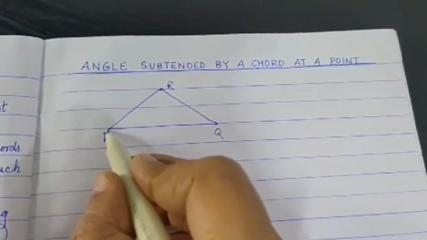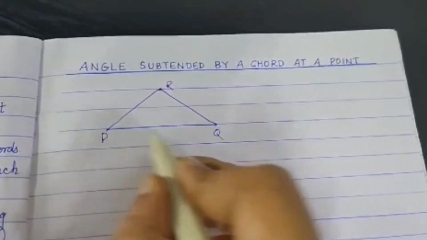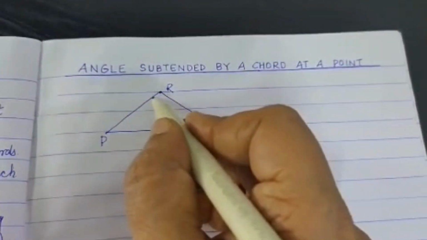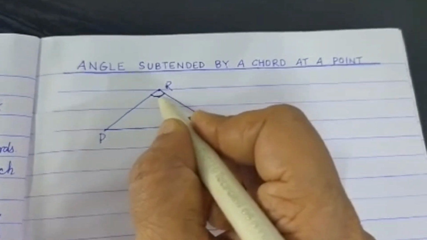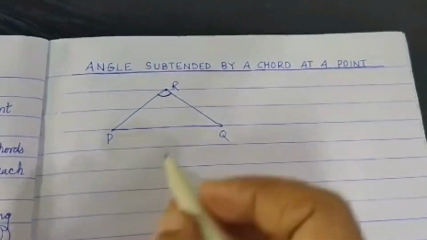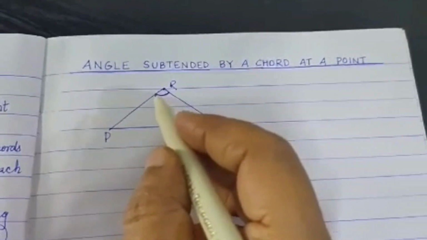So this is the line segment PQ, and this is a point R. There is an angle formed here. What do you call this angle?